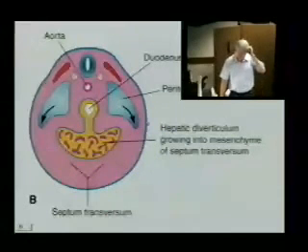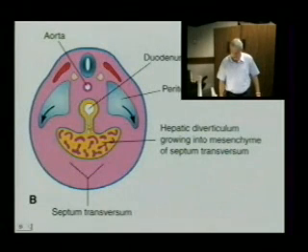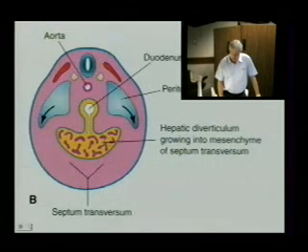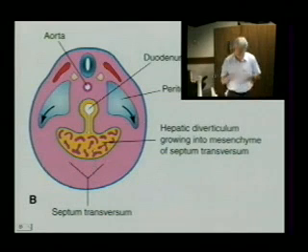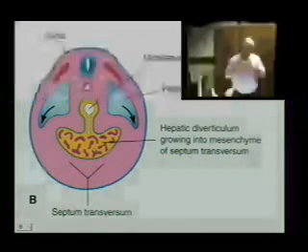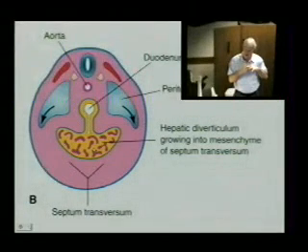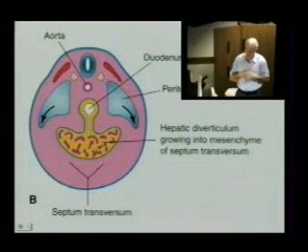Now we're looking at a transverse section, and we see that it is a patent structure, this diverticulum, and the hepatic diverticulum grows into the mesenchyme, but it isn't a solid mass. It begins to spread out some so that some mesenchyme can come in between our fingers, if you want to think of it that way, and begin to form the vasculature that has a very specialized association with the hepatocytes.